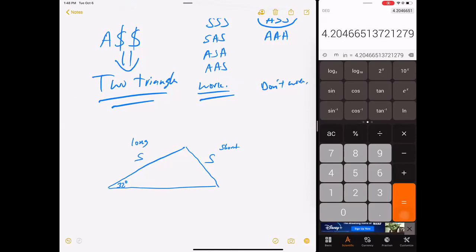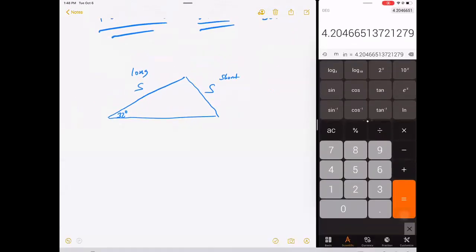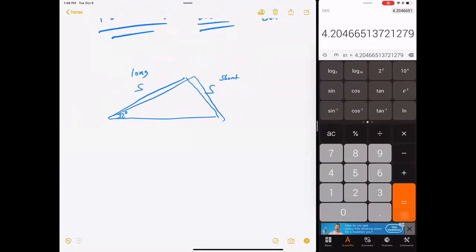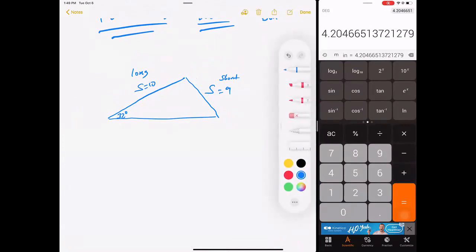What happens is you end up with a problem where you think that the triangle has to look this way. But you go, I've always built triangles this way and I've never had any problems. So let me give you an example of that. If I told you this was 10 and 9, 10 and 9. But there's actually two ways to draw this triangle. The second way is actually this way.